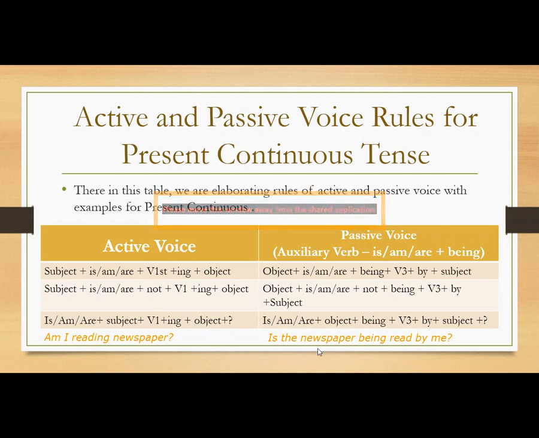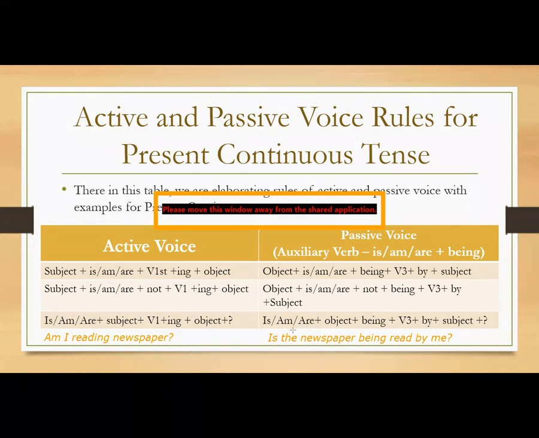The helping verb is chosen according to the object in passive. For example, the newspaper is singular. Newspapers are plural, but newspaper is singular. For singular use is. So: is the newspaper being read by me?